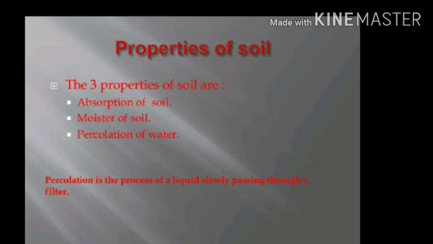Now pour water all over the soil. Keep pouring water till it starts dripping. Then subtract the amount of water left in the measuring cylinder from the amount you started with.